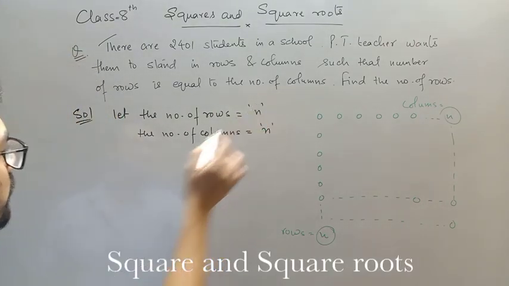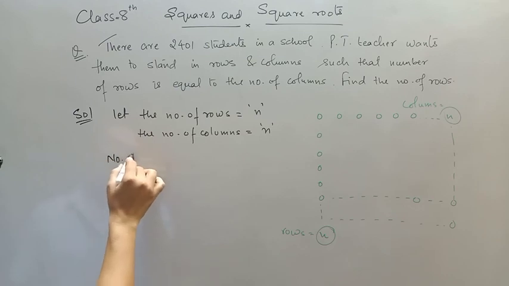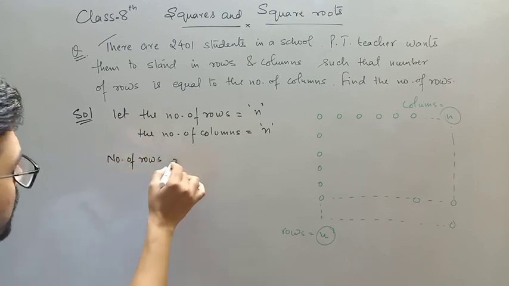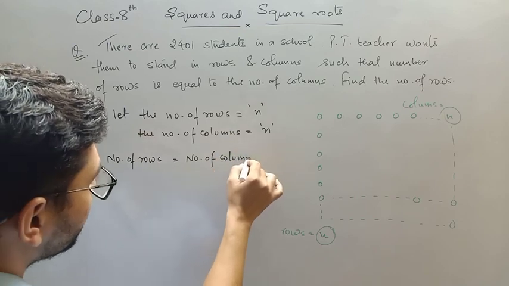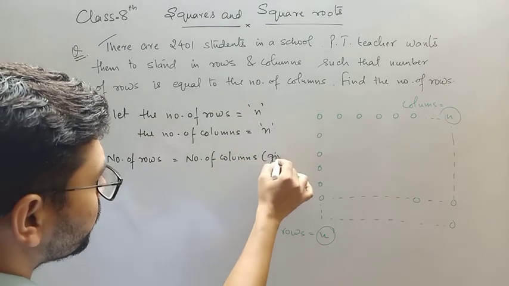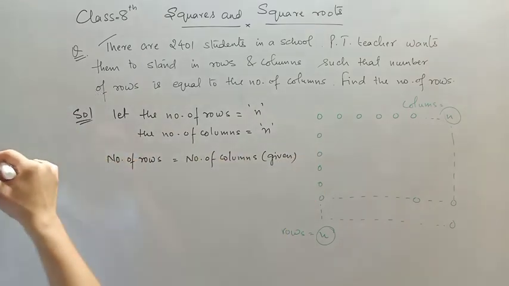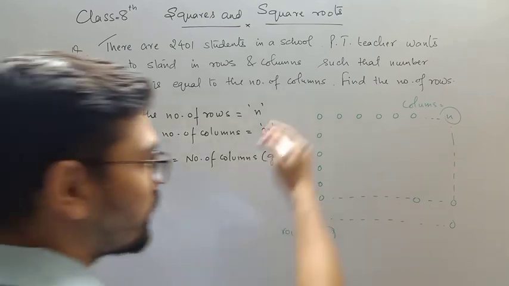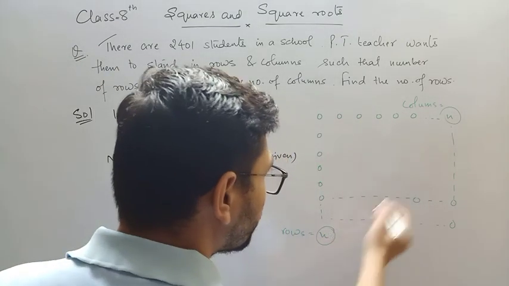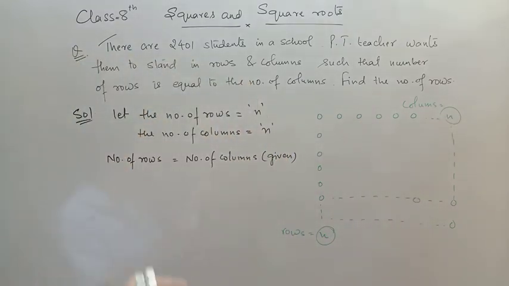You can write that the number of rows is equal to the number of columns, and this thing is given in the question itself. So they are forming a square. You have n number of rows, you have n number of columns, so it will make a square.